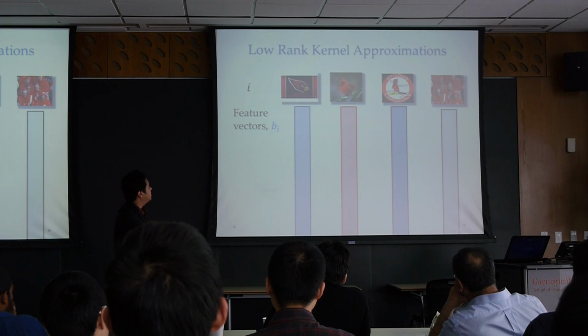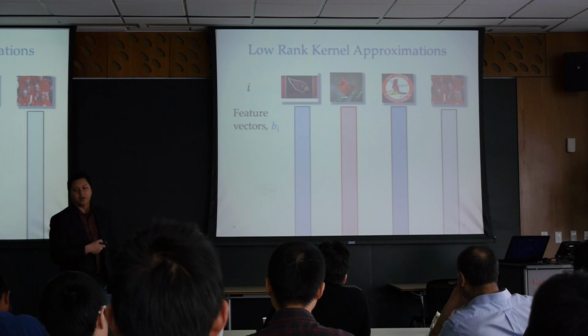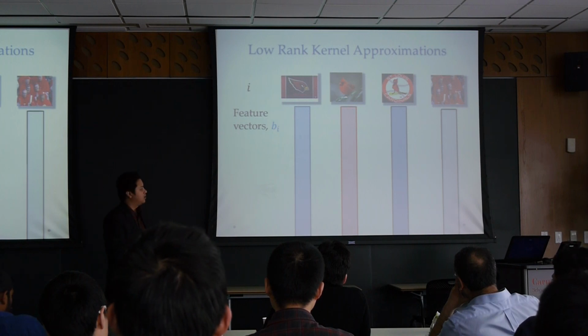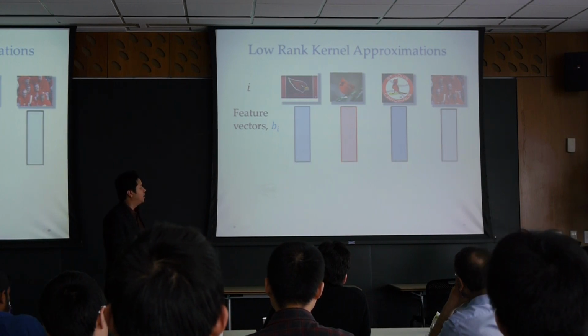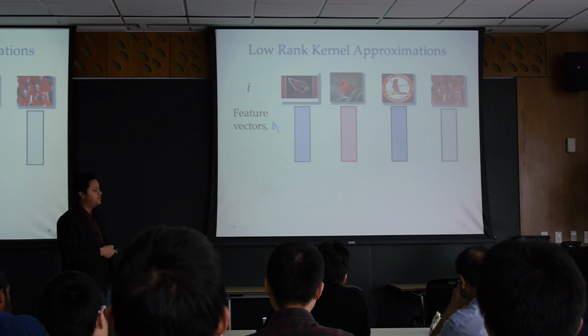The idea is we want to do a low rank approximation. Still consider the case where we want to represent the kernel as a dot product kernel. Now we have an infinite number of features. What you can do is do a low rank approximation on the features.